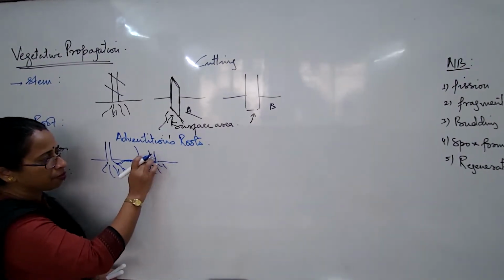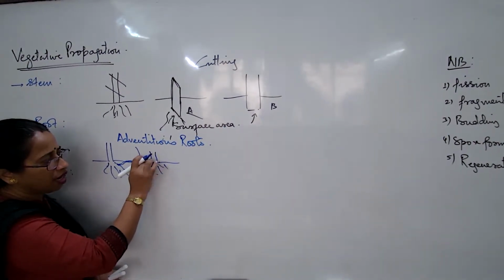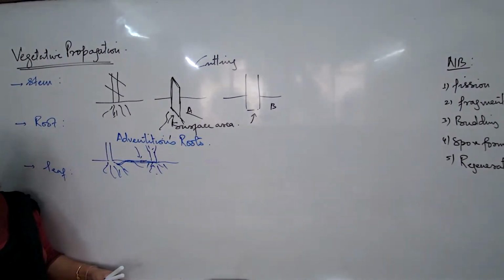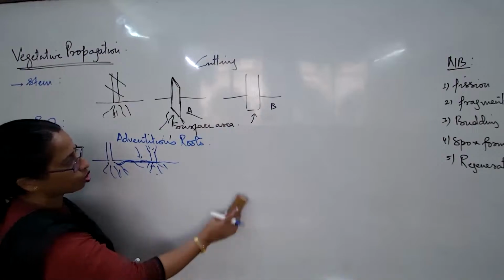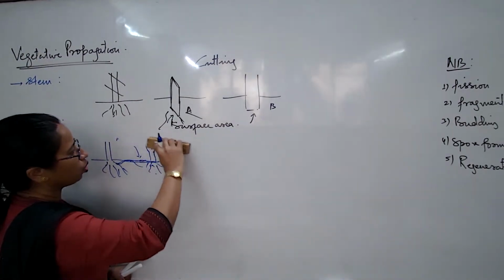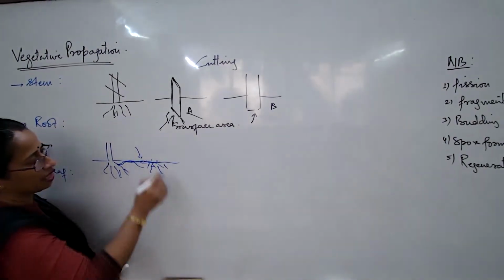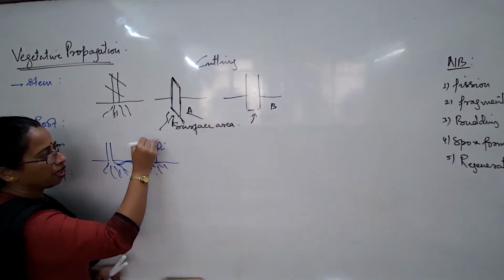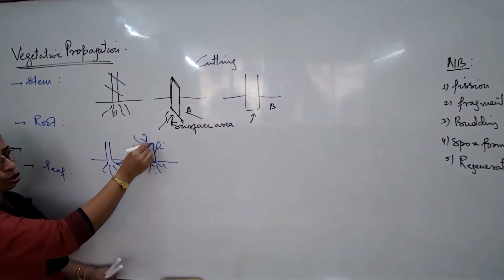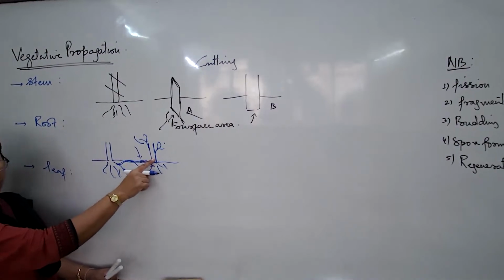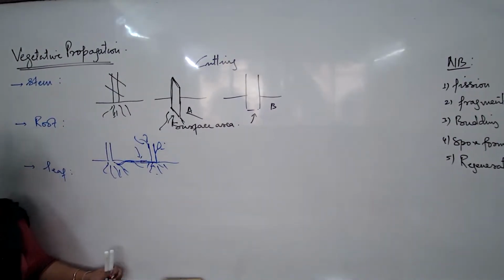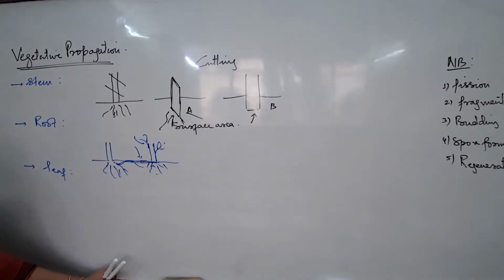And again, after a particular period of time, another plant starts developing, and another plant will start developing this way. So now after some particular period of time, another plant has started growing. So this is the next generation plant. All over the soil, this type of plants can grow in large numbers.